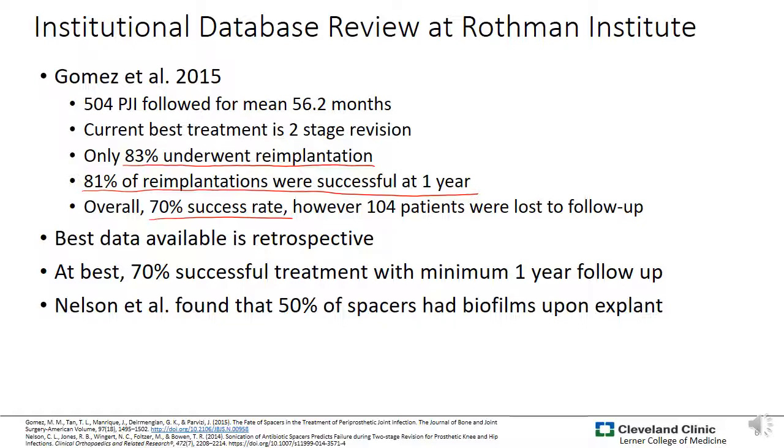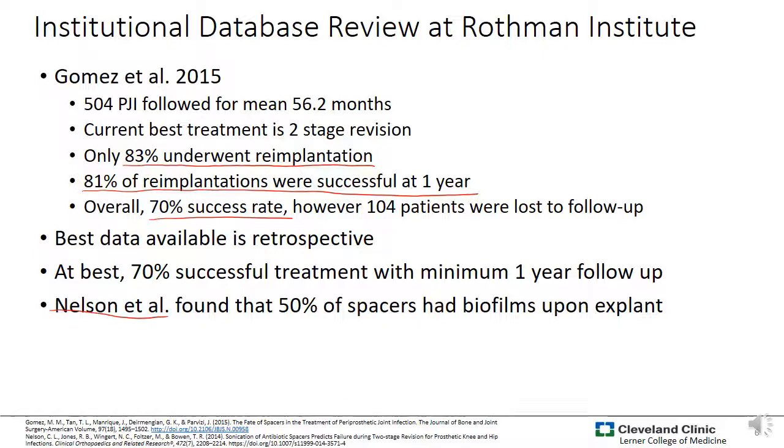So there are limitations with this. The best available data is retrospective. It's smaller case series because the incidence of this is so low. But at best, about 70% successful treatment with minimum 1 year follow-up. Also, something to keep in mind is that Nelson and his group took a number of explanted spacers.